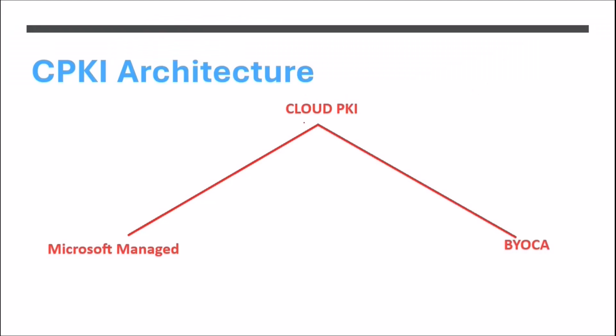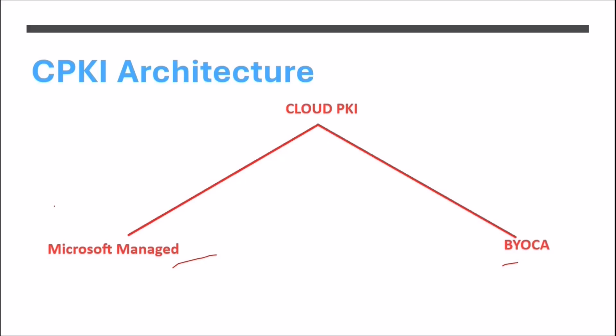So there are two ways of deploying Cloud PKI. One is what we can call Microsoft managed, and the second is something that we can call bring your own CA. Now let's understand both one by one and understand how to set it up.